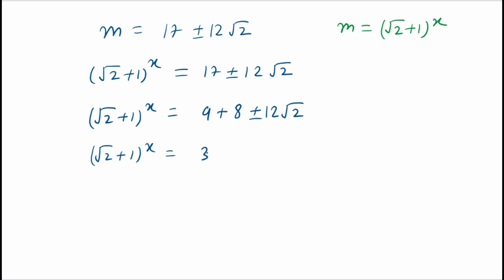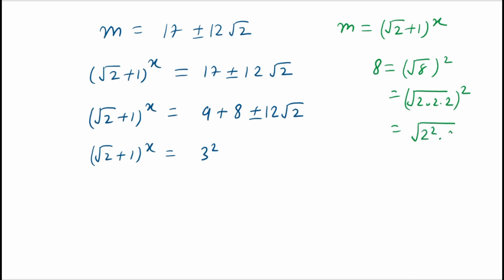On the left hand side is (square root of 2 plus 1) to the power x, and this is equal to, this 9 is 3 squared, and this 8, we know that 8 is the same as (square root of 8) squared, which is the same as (square root of 2 times 2 times 2) squared. Now this is the same as (square root of 2 squared times 2) squared, and this expression is the same as (square root of 2 squared times square root of 2) squared.